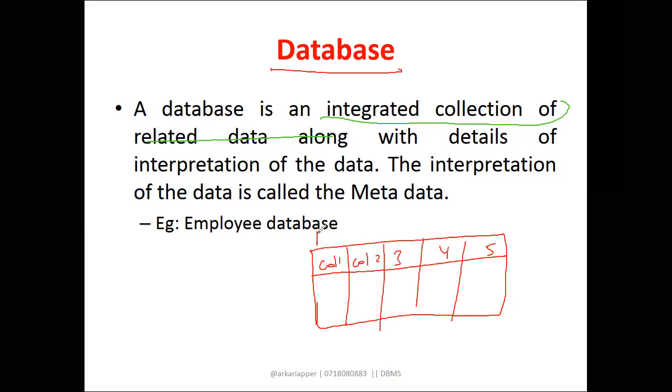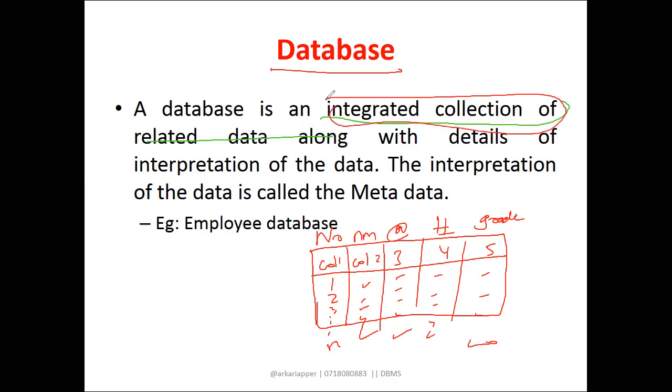Maybe column 1 is number, this one is name, this is address, this is contact number, and this is grade. Numbers 1, 2, 3 up to n. So like that, name, address, then contact number. Great. So an integrated collection of related data.